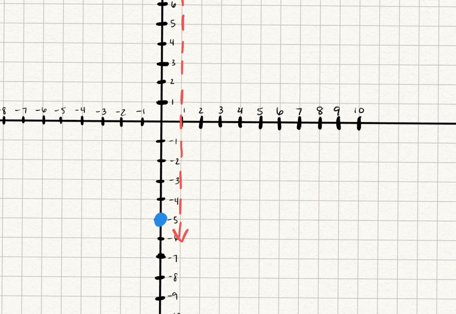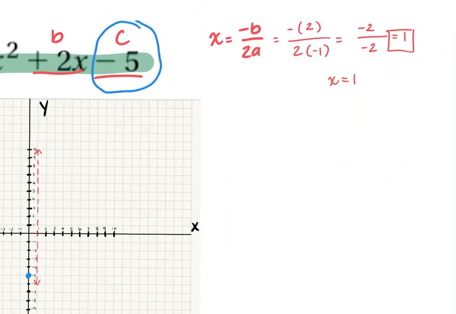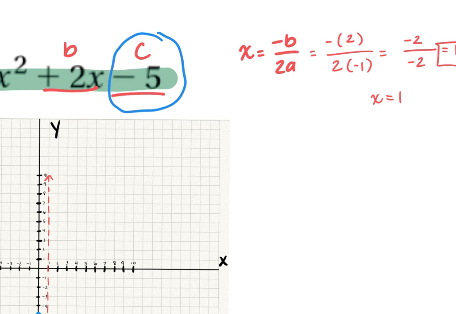Okay, so I found a point on my graph, but I still don't know where my vertex is, okay? So in order to find my vertex, I just take the x equals 1, and I plug that into my original equation, okay? Because I'm going to find where my graph is going to cross the axis of symmetry. So y equals negative, put parentheses, we're going to square that x value, plus 2, put my parentheses, minus 5.